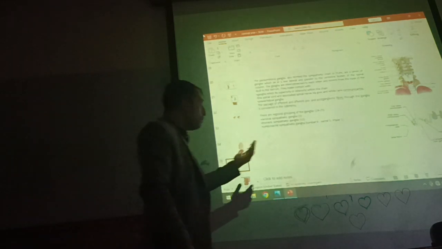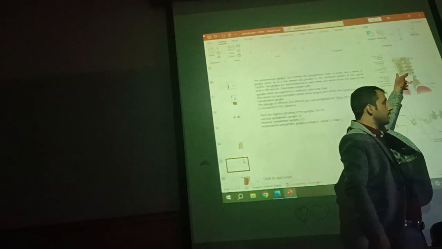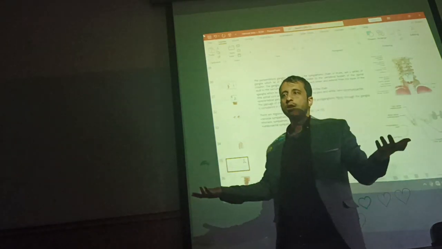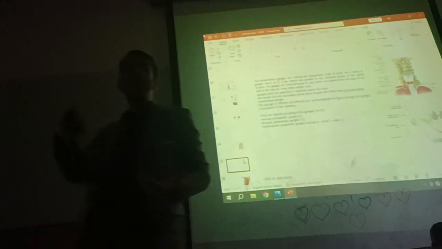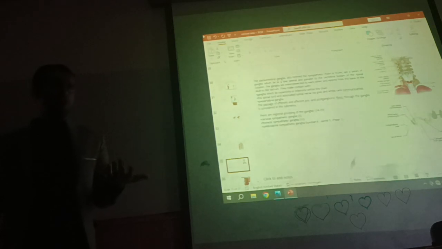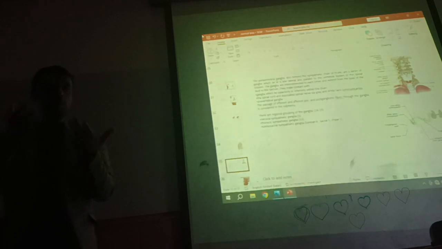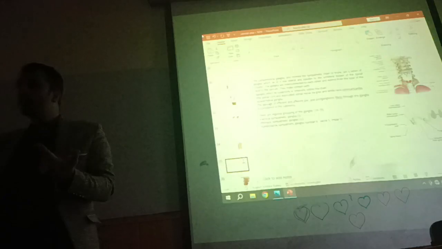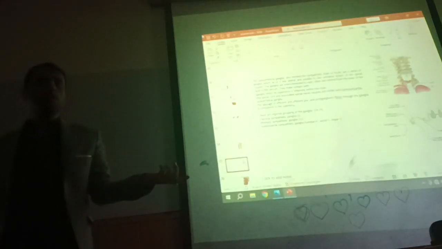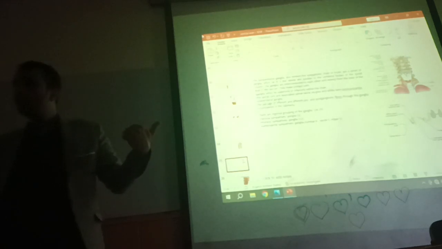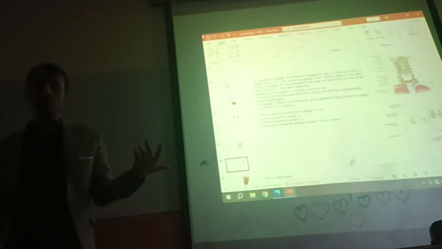Okay? From the middle cervical ganglion, we have the thyroid nerve. What does thyroid nerve mean? The thyroid nerve is a sympathetic nerve which travels through the superior thyroid artery and arrives at the thyroid gland.